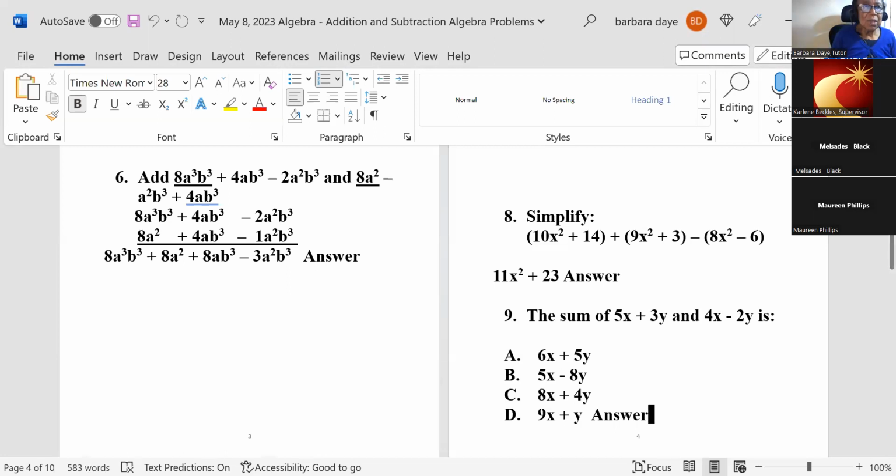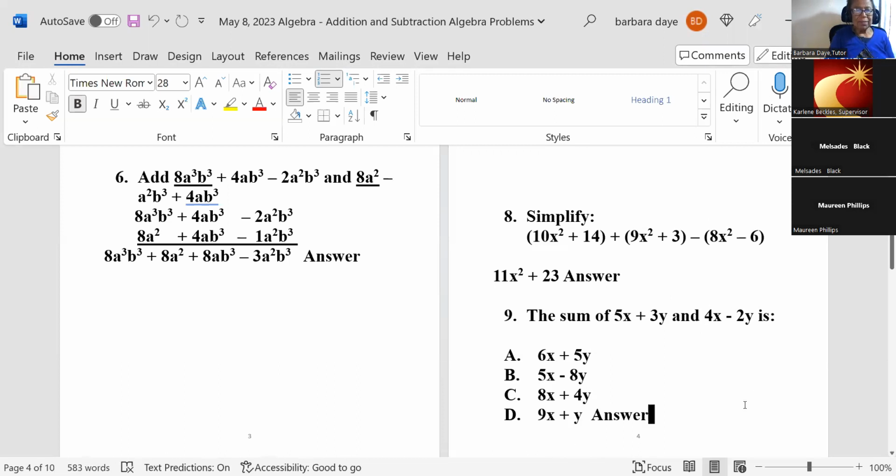You could say A or D. D. Why can't you include D? Because 5x and 4x is 9x, and you take away 2y from 3y, you get y. 2 from 3 is 1.